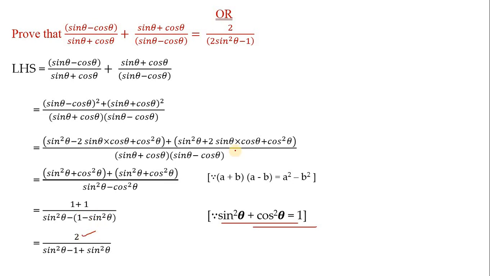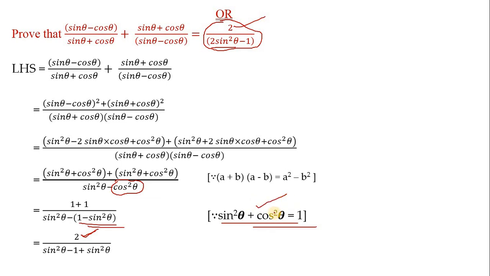And in the denominator, look at what we wanted to prove actually. The numerator we have got: what we wanted to prove is 2, and we have already got it. And in the denominator, we have to get 2 sin square theta minus 1. Hence, this cos square theta is there, right? We can write this cos square theta as 1 minus sin square theta by using this identity itself.